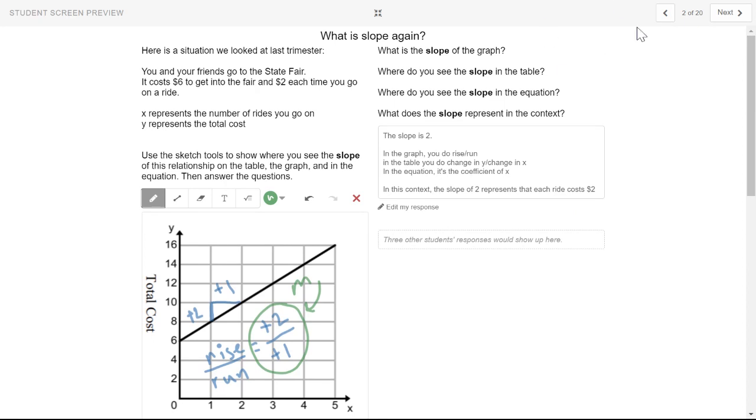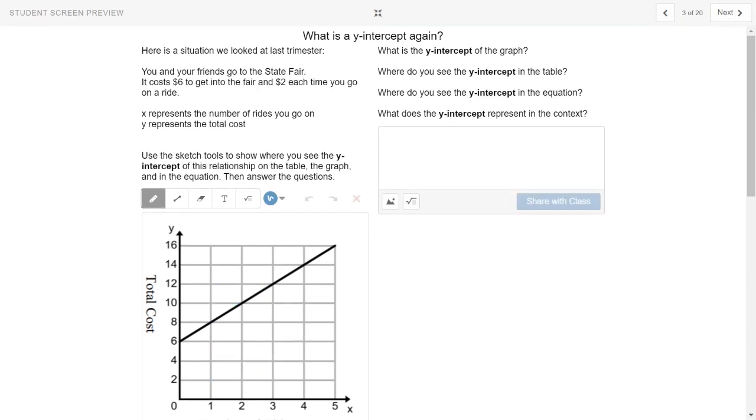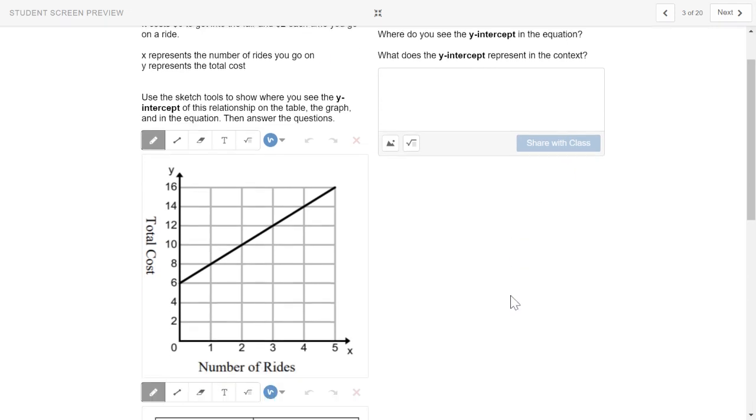All right, next. Same situation. Now we're thinking about y-intercepts. The y-intercept, if you imagine with your mind or use a highlighter to show, this is the y-axis.